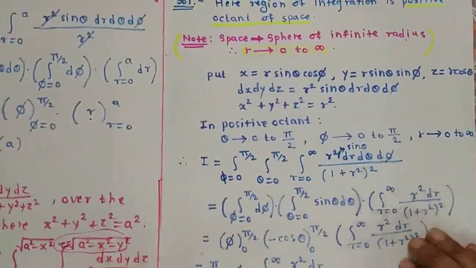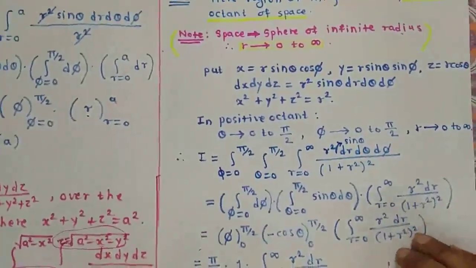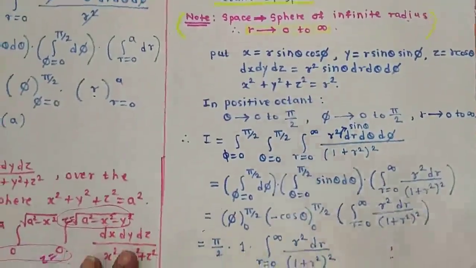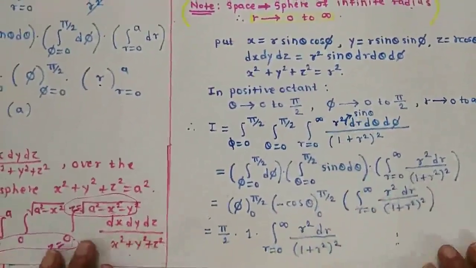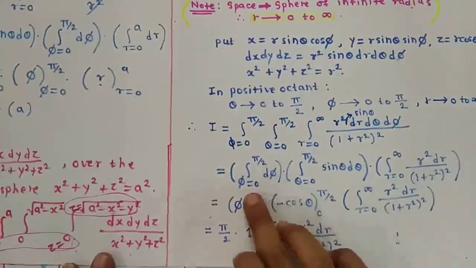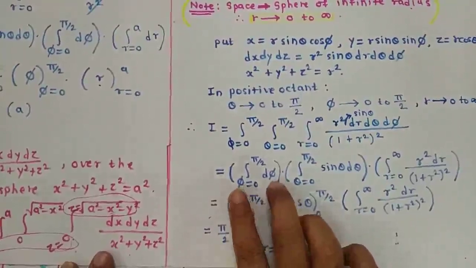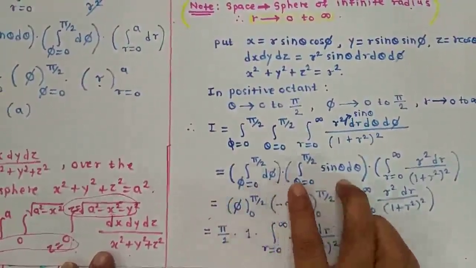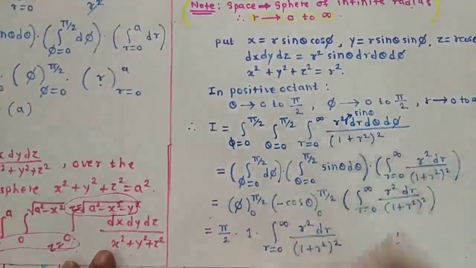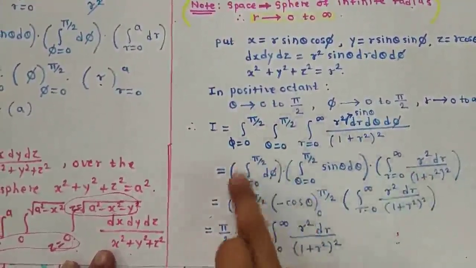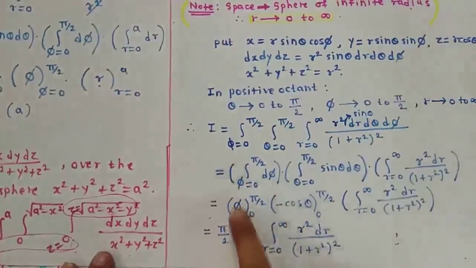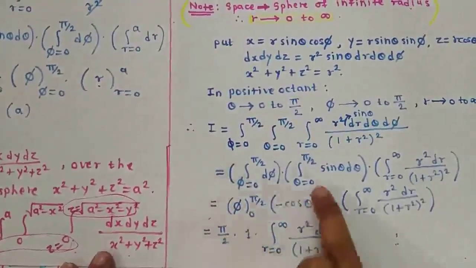Now since all limits or all variables are independent of each other, we separate the integrations. This is the integration of phi, this is the integration of theta, and this is the integration of r. We know the value of the first integration d phi is only pi by 2, right?